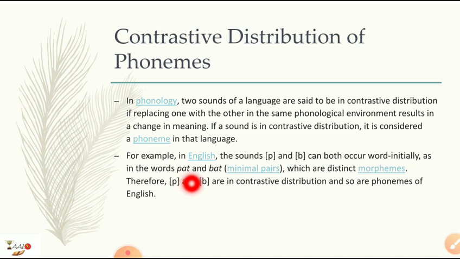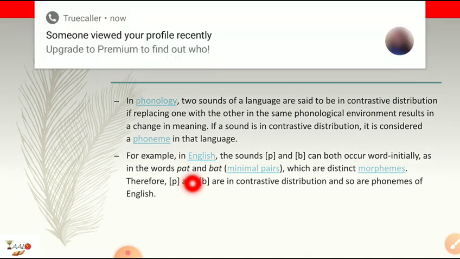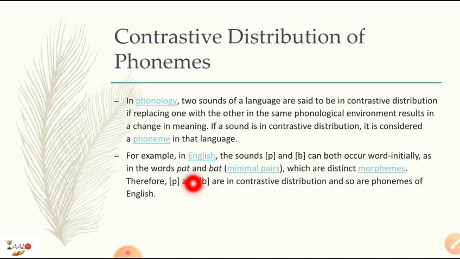Now, if you replace p with b, pat with bat, the meaning changes. Pat means you are patting someone. Bat is an instrument that you use for playing cricket.